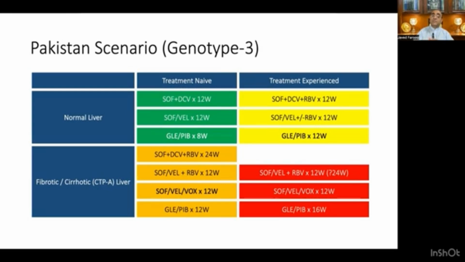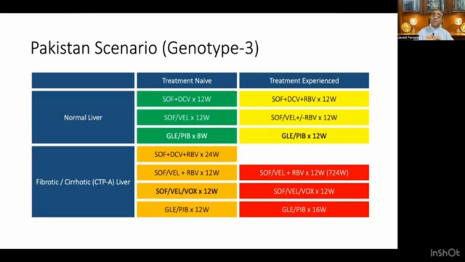A monthly cost for the other drugs, sofosbuvir-daclatasvir and sofosbuvir-velpatasvir, is around 6, 7, 8,000 rupees, and Sofosbuvir-Velpatasvir-Voxilaprevir is expensive. It's 3 lakhs or something like that is the total cost. So that's the reason I keep this drug only for those who are sofosbuvir-velpatasvir or sofosbuvir-daclatasvir non-responders.